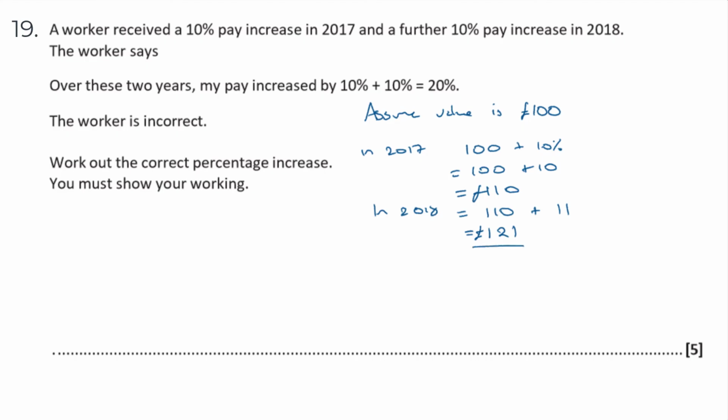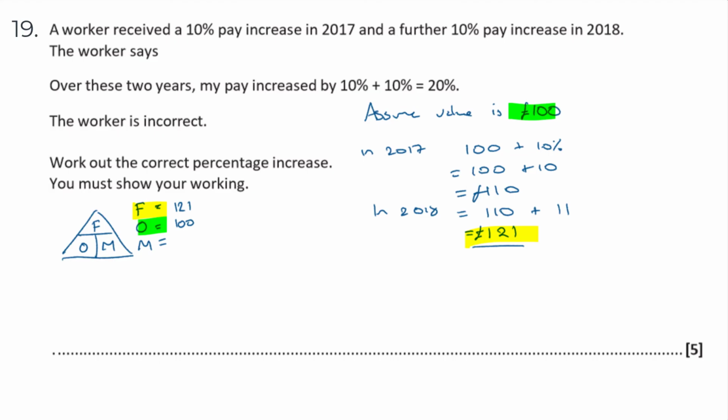So what is the actual increase? Again, final original multiplier, FOM. The final is what we got at the end of it, that's £121. The original is what we started with, we assumed it was 100.